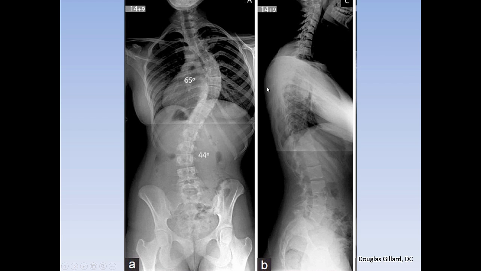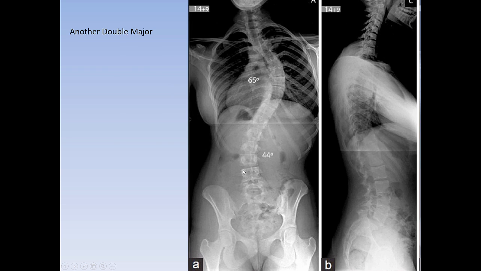I don't think I drew lines on this, but let's say this is a stiff curve, neither of those decreased to under 25 degrees on lateral bending at the apex. Well, this is another one, right? This is major, this is minor, so this is a Lenke 3, and we can eyeball that. That's got to be a 3A again, just by eyeballing it.